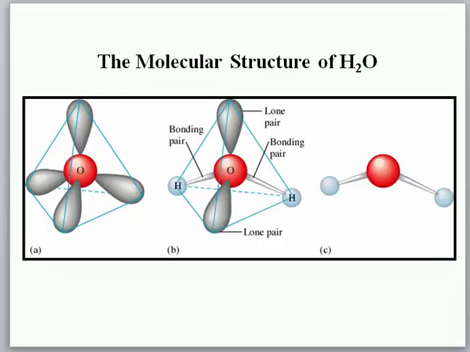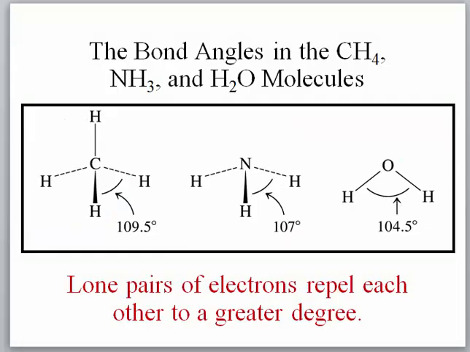Your water has 2 lone pairs around there. So your bond angles are affected by those lone pairs. Here, your lone pair of electrons up here would repel more and push these bond angles closer together.